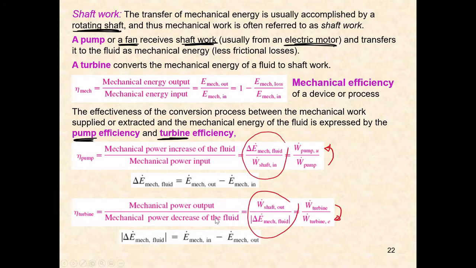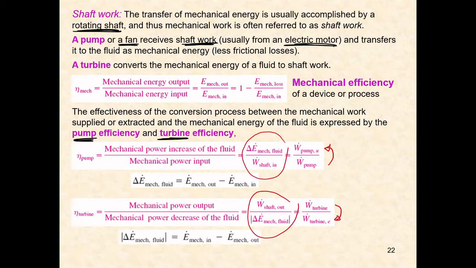So when the water flows from top to bottom, like in a hydroelectric generator, the fluid loses a certain amount of energy. The energy that it loses, it gives to the turbine. So the turbine gets the energy and passes it through the shaft. That's why you have a loss of energy from the fluid going to the shaft. So this is how mechanical efficiency calculations are done.